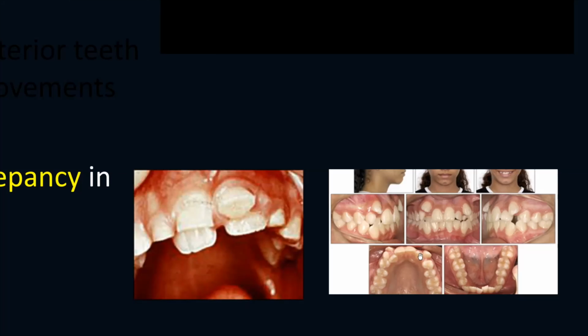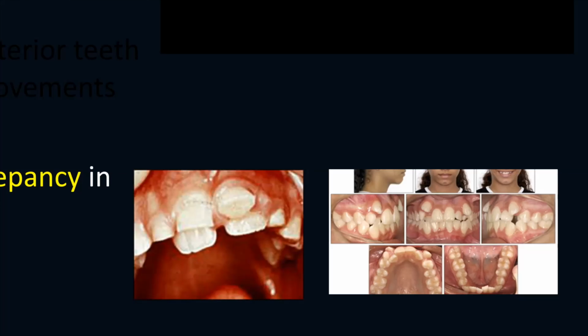But if you do not provide optimum space in the arch for bringing the tooth which is in the crossbite into alignment, you have to give optimum space for the correction of the anterior crossbite.